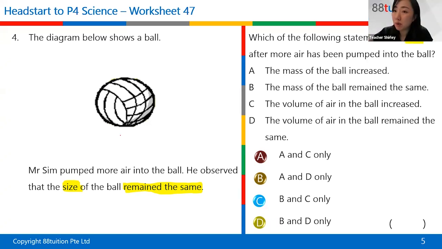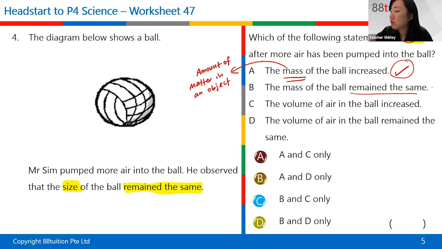Because even though the ball does not change shape, when you pump in more air, you are actually increasing the mass. Remember, the mass is the amount of matter in an object. So this is true. Good. We are looking for ticks, remember? So this is a tick.